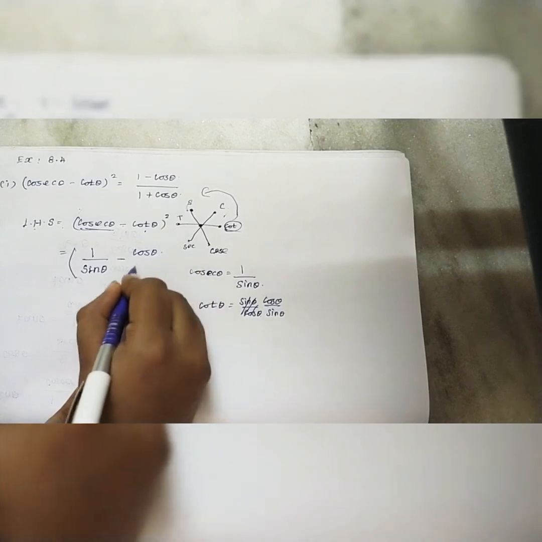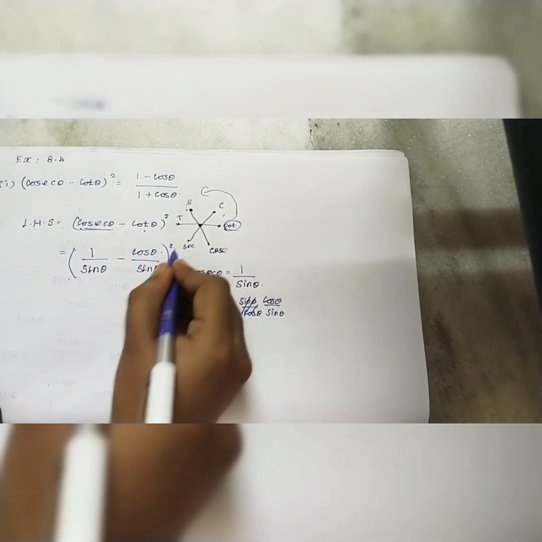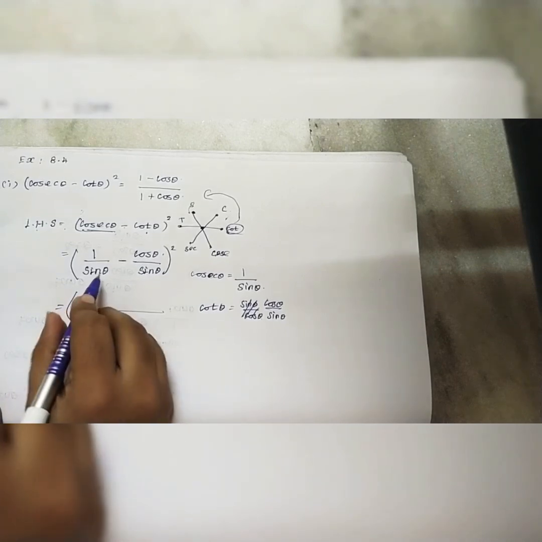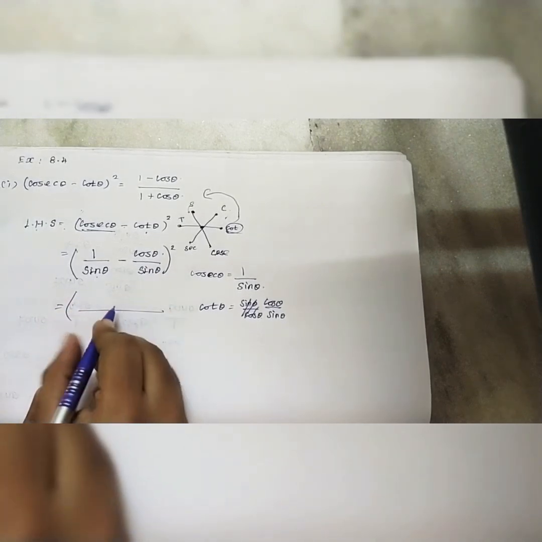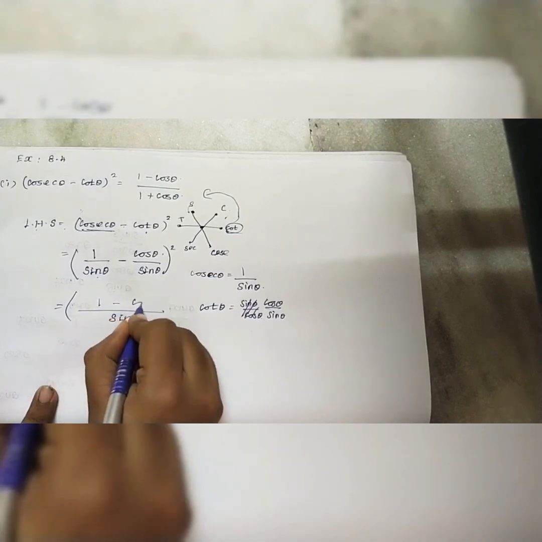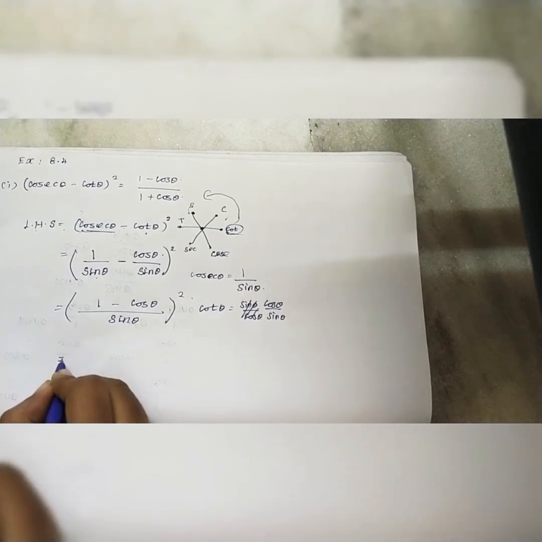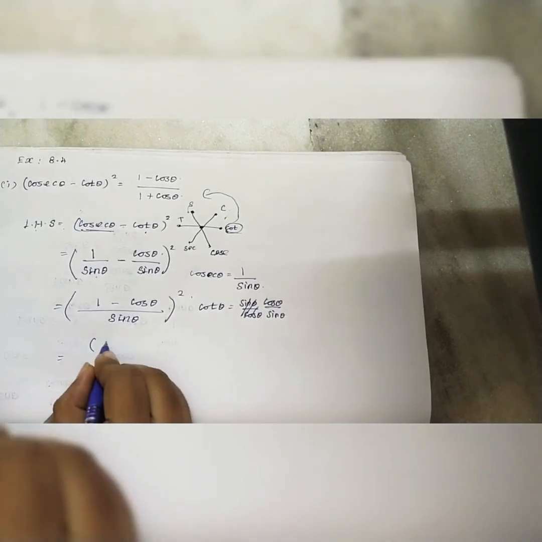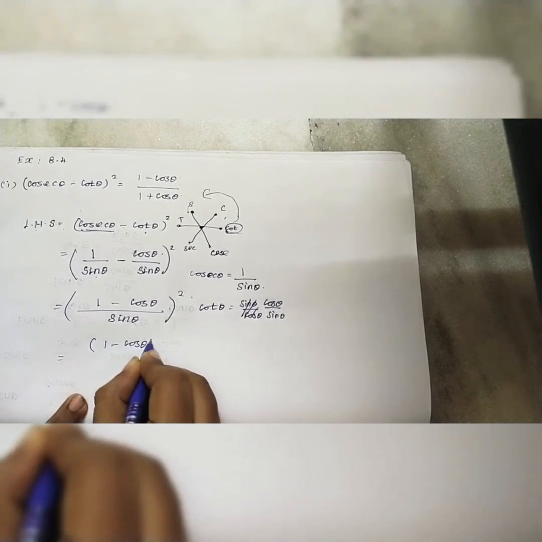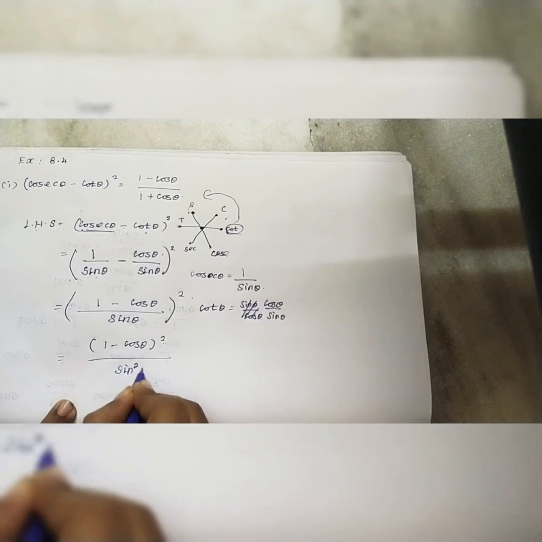That we can write here as (1 over sin theta minus cos theta over sin theta) whole square. The denominator is sin theta in both, so we write sin theta. The numerator is 1 minus cos theta whole square. So the numerator and denominator separately: numerator (1 minus cos theta) whole square and denominator sin square theta.